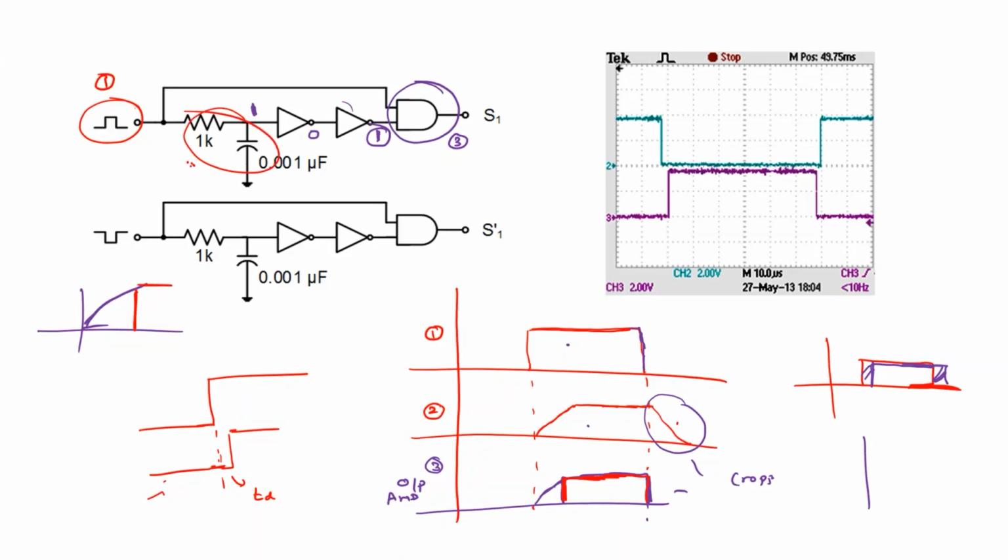For this case it provides a 1 microsecond time delay, where R is 1 kilo ohm and C is 0.001 microfarad. If you require a 2 microsecond time delay, instead of the 1k ohm, you need to replace it with a 2k ohm resistor. Clear? So that gives you a 2 microsecond time delay.